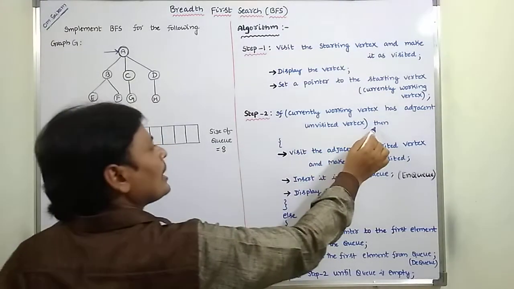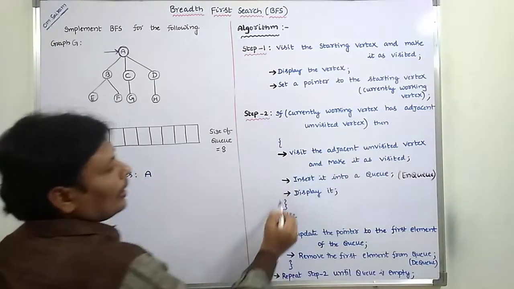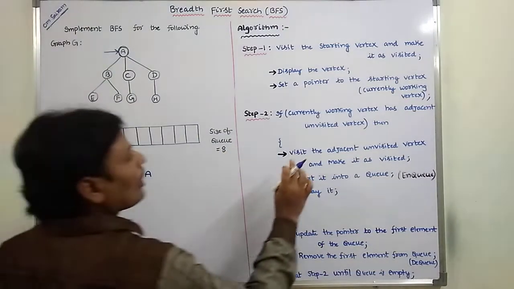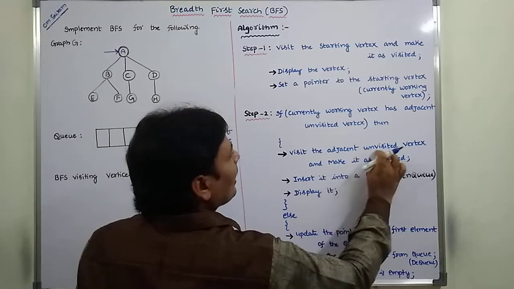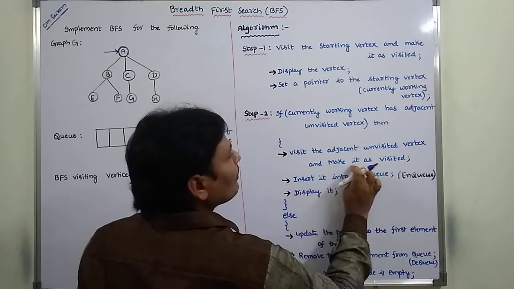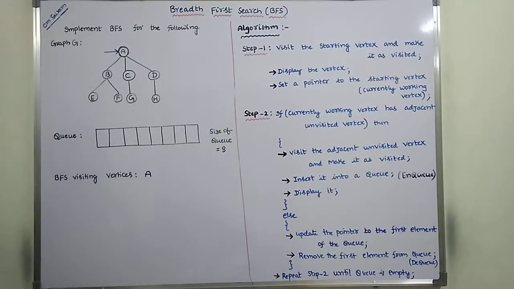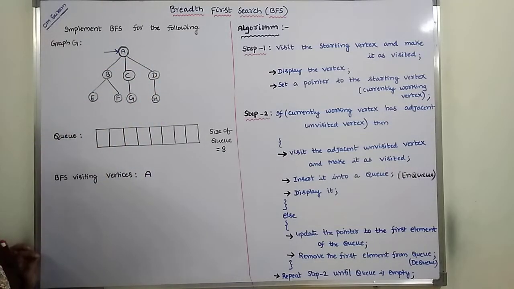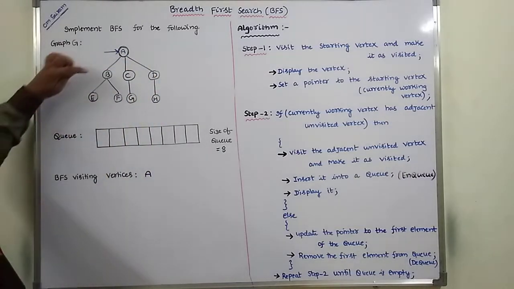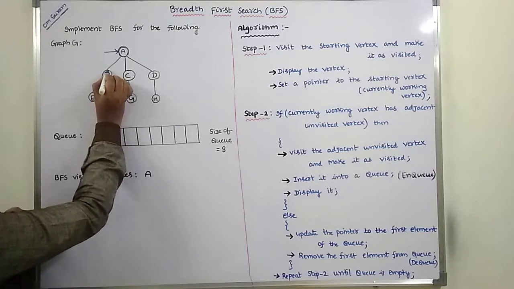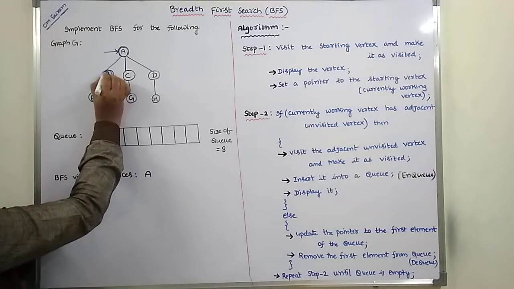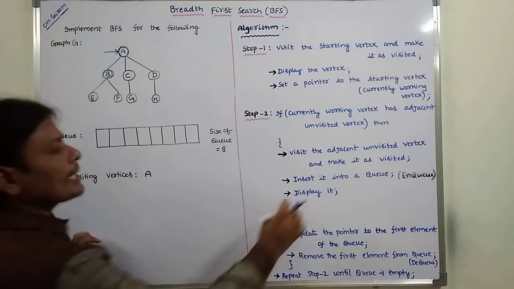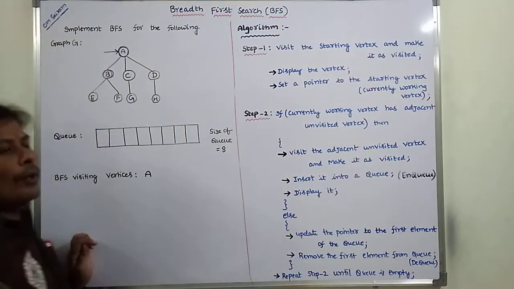If the condition is true, then go to the if block. In this if block, visit the adjacent unvisited vertex and mark it as visited. Among the 3 adjacent vertices of capital A, we take one vertex, that is B, and it is visited. Insert it into the queue.